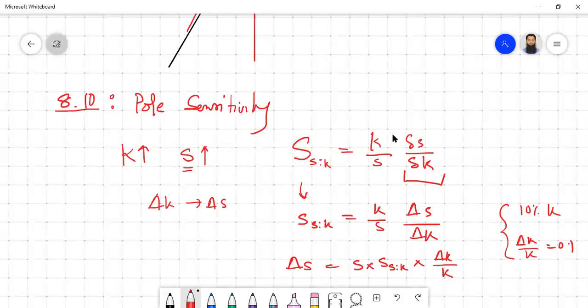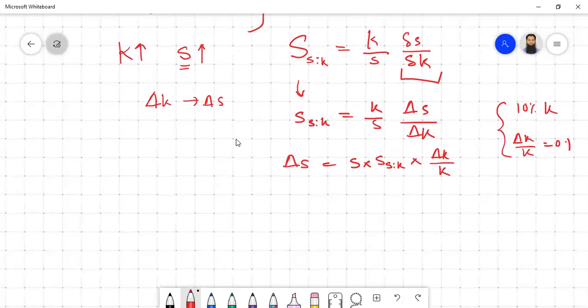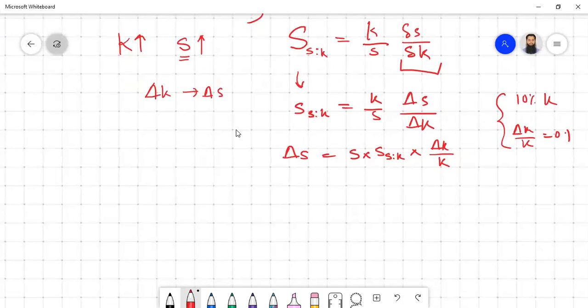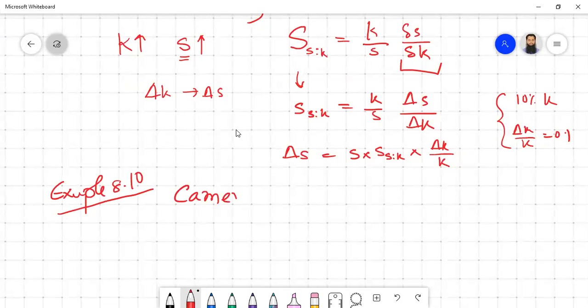Okay, so let us look at one example, example 8.10, and apply this. This is the basic problem that we started with at the beginning of this chapter, the camera security system.